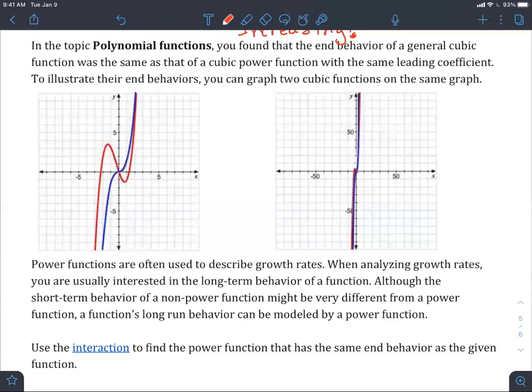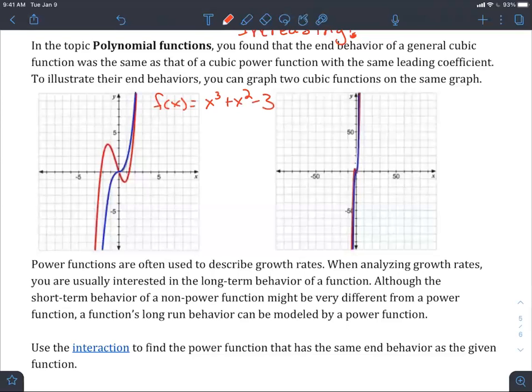So this function right here on the left hand, well, actually the red function, I should say, is f of x equals x cubed plus x squared minus 3.